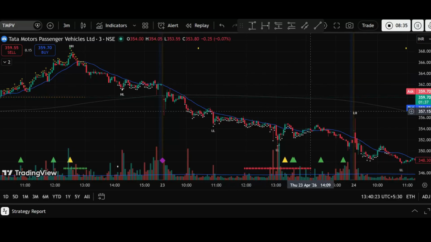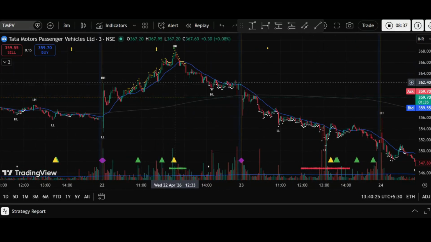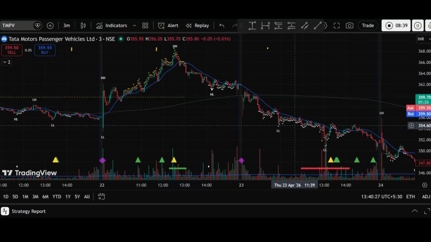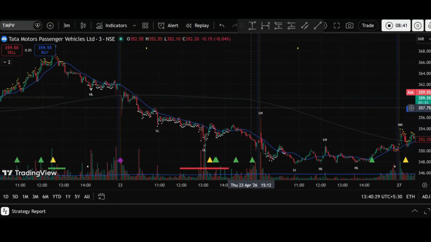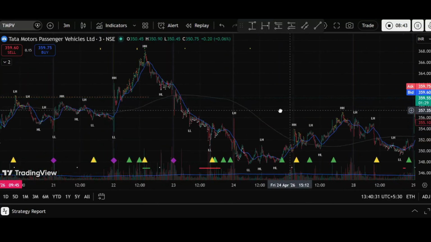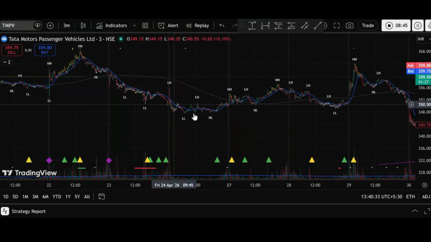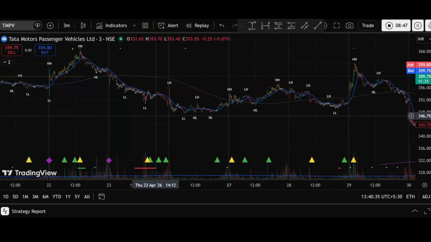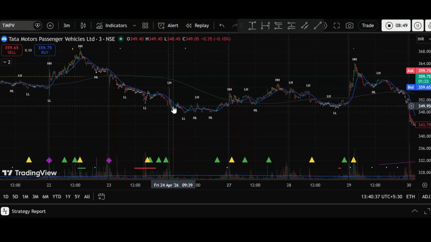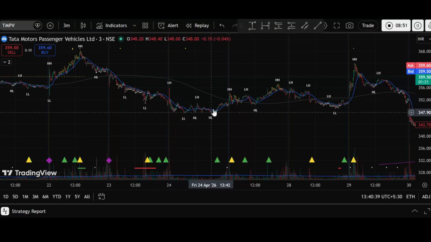So this is an oversold zone, but you can see this overbought has again converted into a good selling, but this oversold has not really done so. Okay, we have got a price saturation here. After the oversold zone, the price has consolidated here.